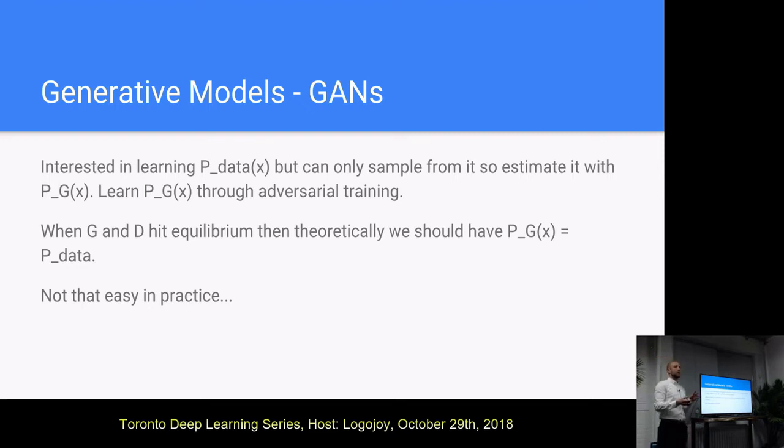Okay, so it can be hard to get to equilibrium because when you start off GAN training, the distribution of the generator and the distribution of the data are very different, because the initial passes of the generator are just random noise. So it's really easy for the discriminator to get too good at identifying real versus generated images too early on.